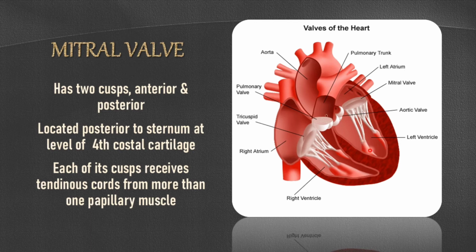The papillary muscles project inside the lumen of the ventricles, and their base is attached to the myocardium, and the apex is free, which receives the attachment of the chordae tendineae.